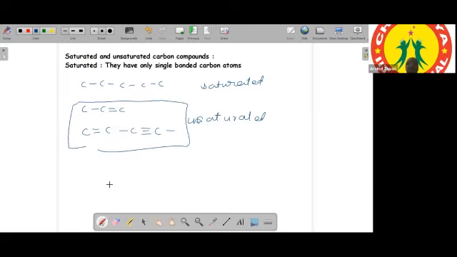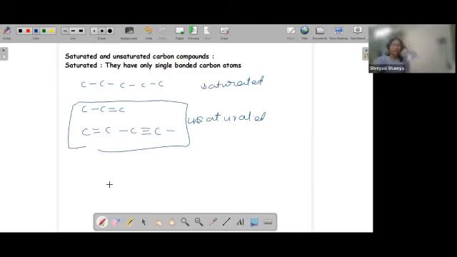Stable in what sense? You can talk of their boiling points. The saturated hydrocarbons generally have a higher boiling point than the unsaturated hydrocarbons.